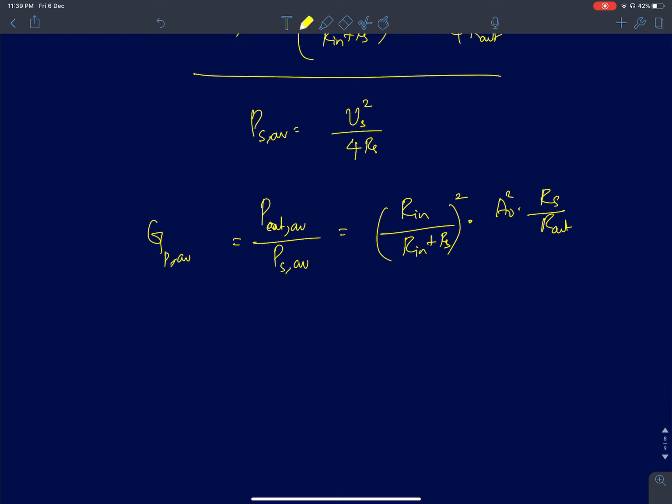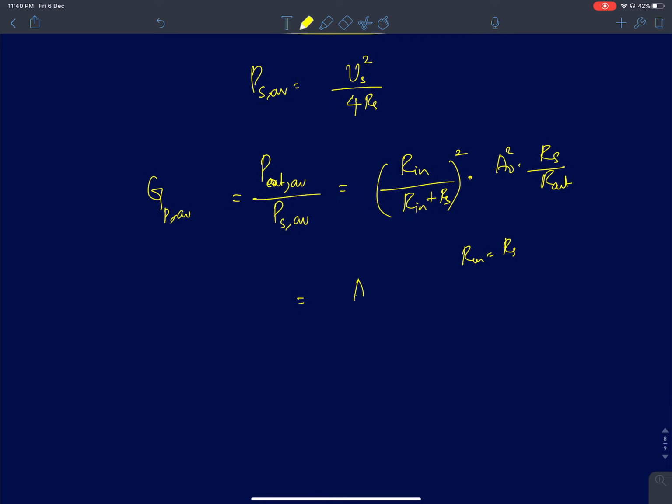Now, if you match the input port as well, when Rn equals Rs, this result reduces to AV square by 4 into Rs by Rout, or you can write it as Rn by Rout. So this is your available power gain for matched input conditions.